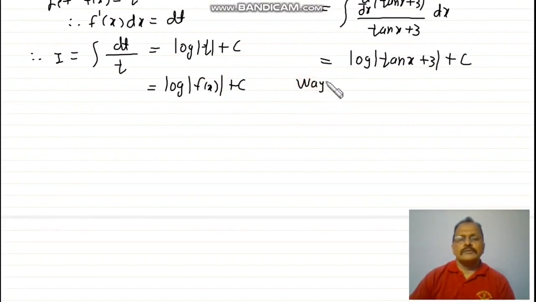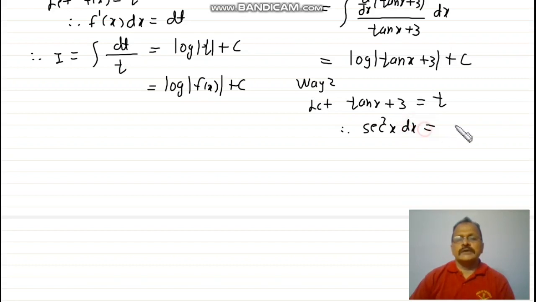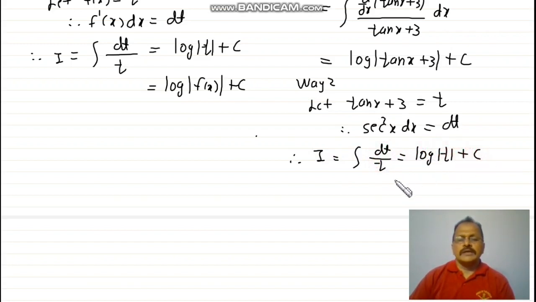Way 2, let tan x plus 3 is equal to t, and therefore derivative of tan x is sec square x, derivative of 3 is 0, sec square x plus 0 times dx is equal to dt, and therefore I is equal to integration dt upon t equal to log mod t plus c, that is log mod tan x plus 3 plus c.